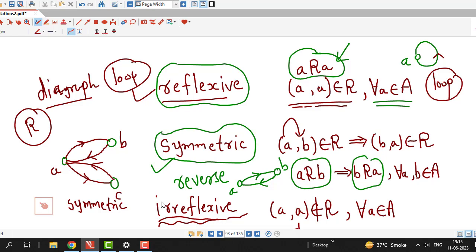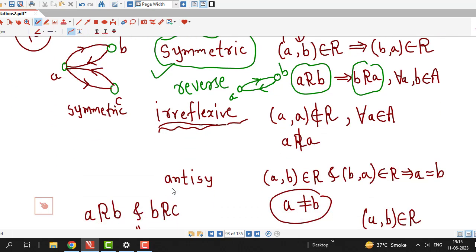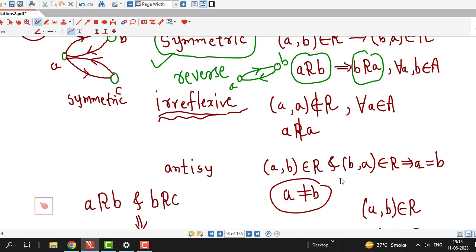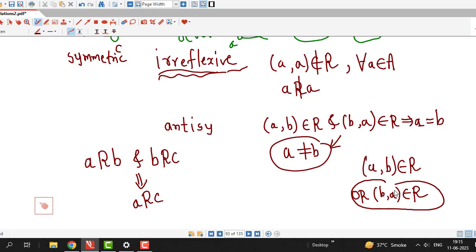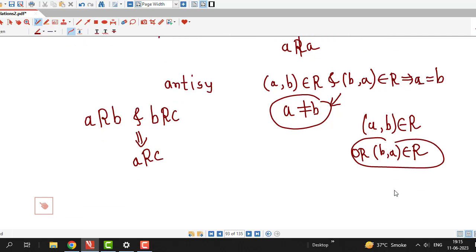Now for antisymmetry, we require that if two elements are different, then either a is related to b or b is related to a, but not both. That means if there is an edge from a to b, then there must not be a reverse edge.